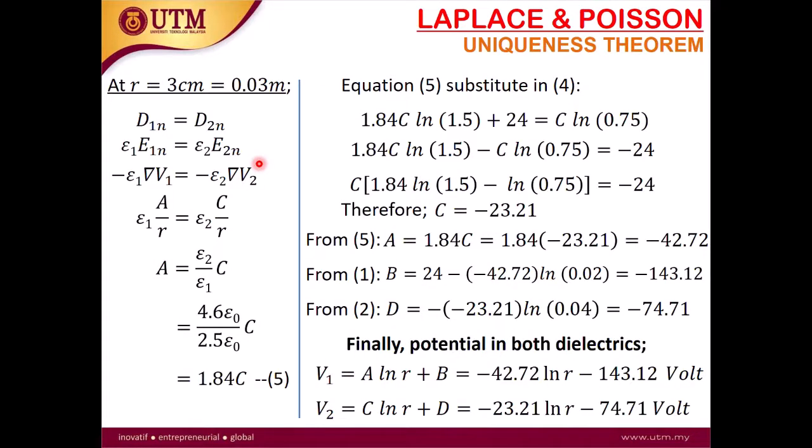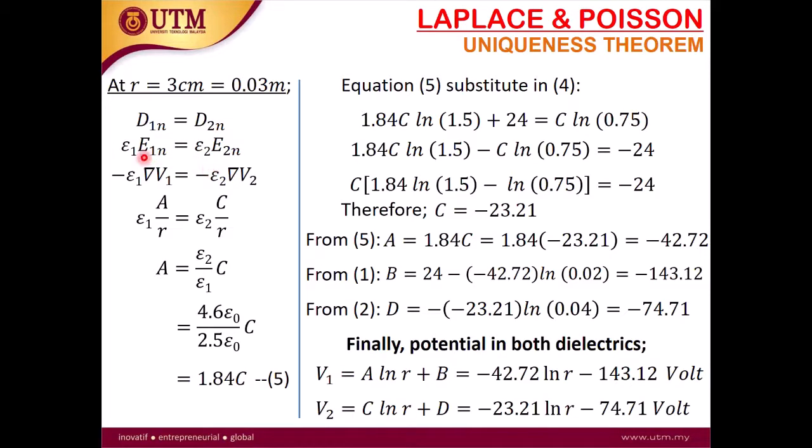Alright, at R equal to 3 cm or 0.03 meter, we have another rule, which is D1 normal equal to D2 normal. Because we know that D equal to epsilon E, D1 normal equal to epsilon 1 E1 normal, while D2 normal equal to epsilon 2 E2 normal.